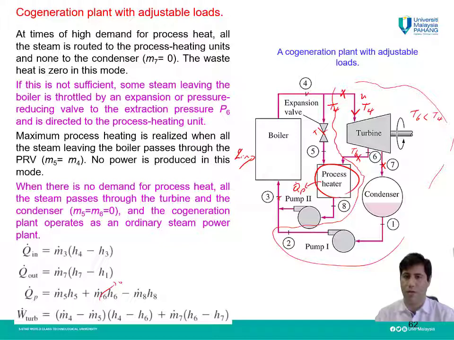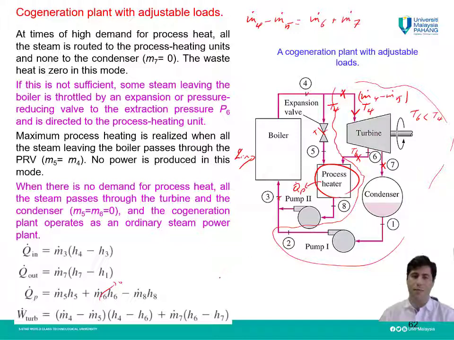This m dot 4 minus m dot 5 will come to the cycle, and it will be divided into different fractions, m dot 6 and m dot 7, and we can just write like this: m dot 4 minus m dot 5 is equal to m dot 6 plus m dot 7.